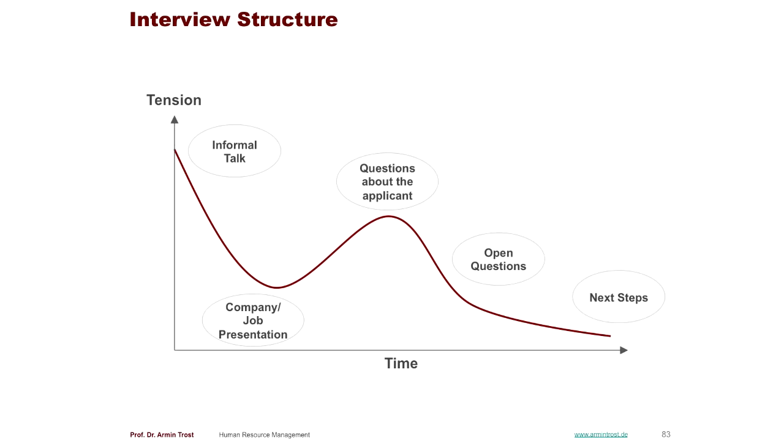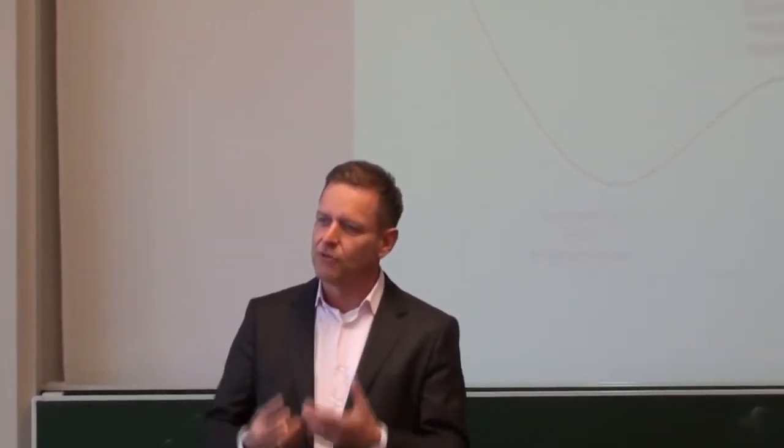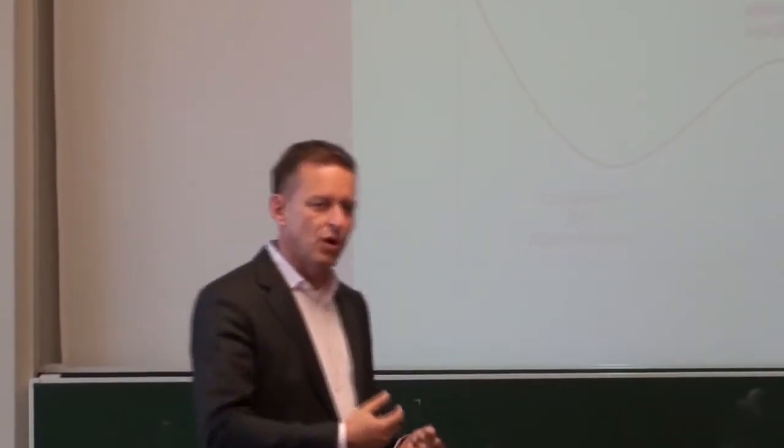How are you? Things like this. So it's very, very informal. It's an approach to say, well, let's have a little small talk, let's get close to each other. The idea is just to reduce the tension, so that you as a candidate feel comfortable. You feel, yes, this is a situation where I can open myself and I can talk about myself.